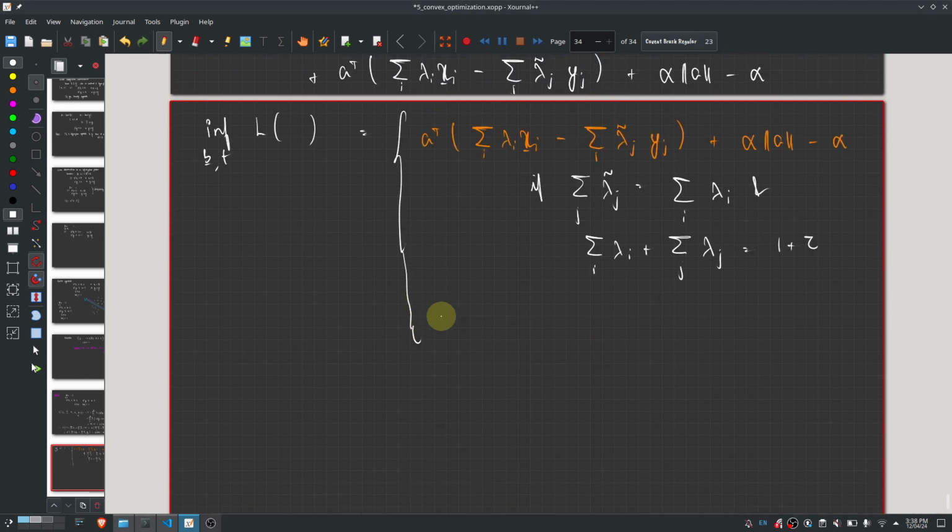Okay, good. And it's equal to minus infinity otherwise. Do you agree with this?